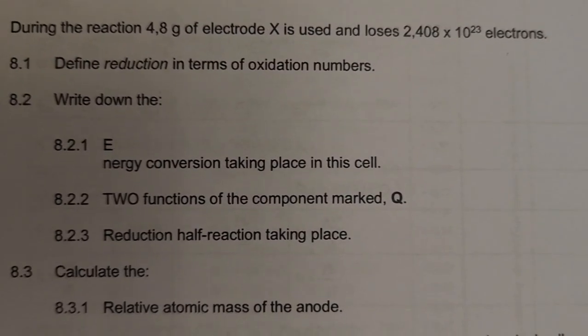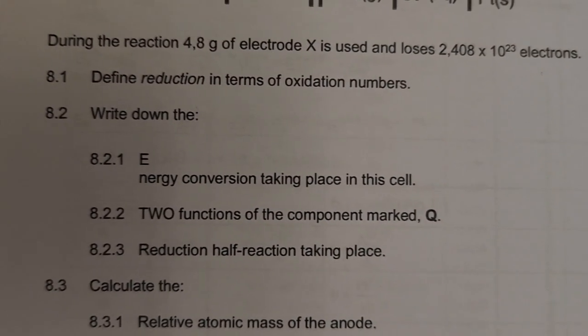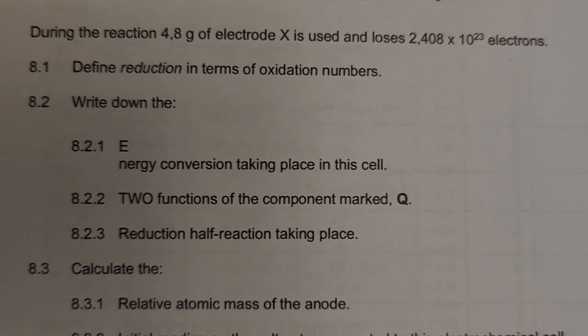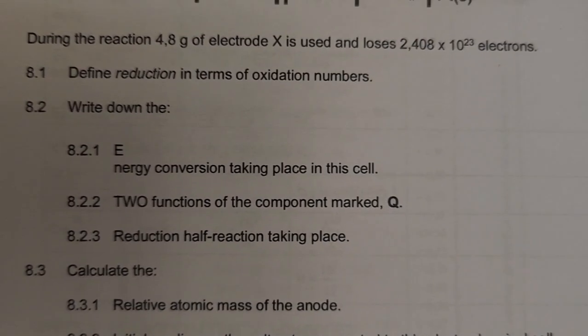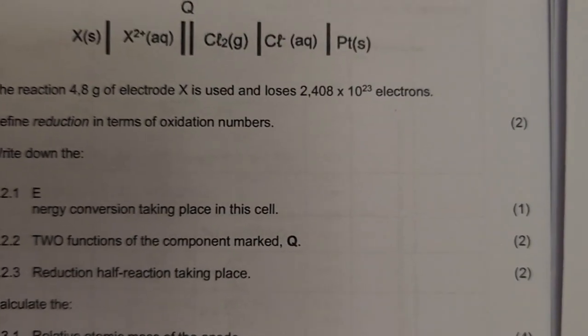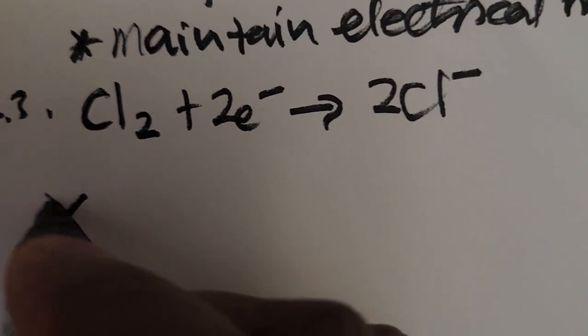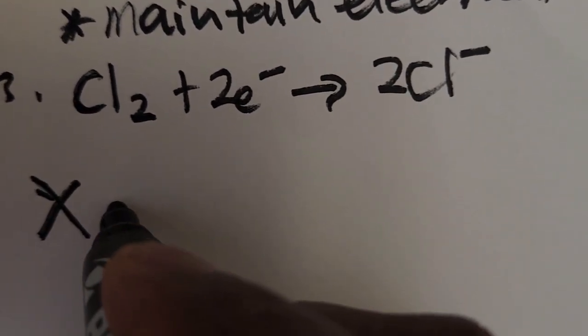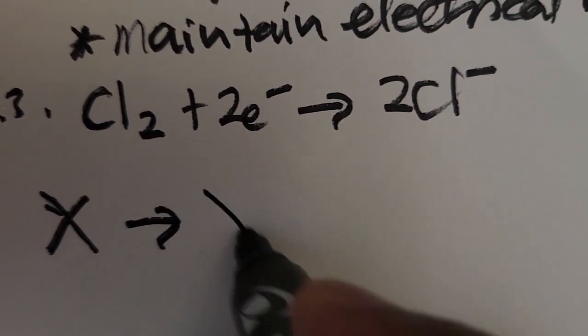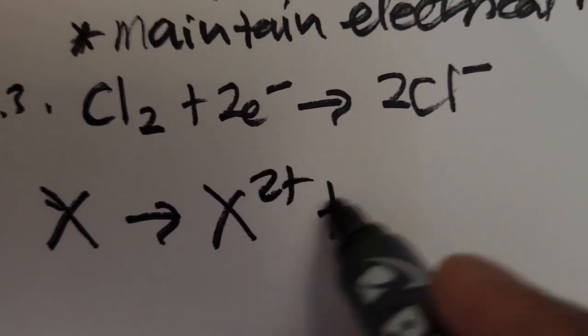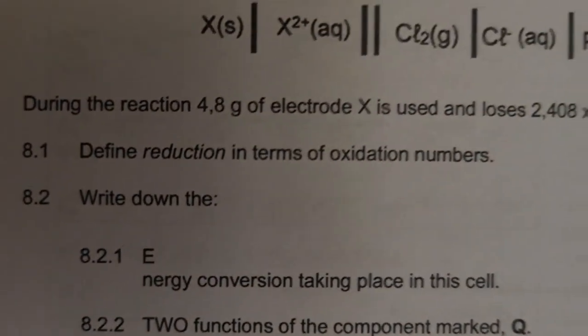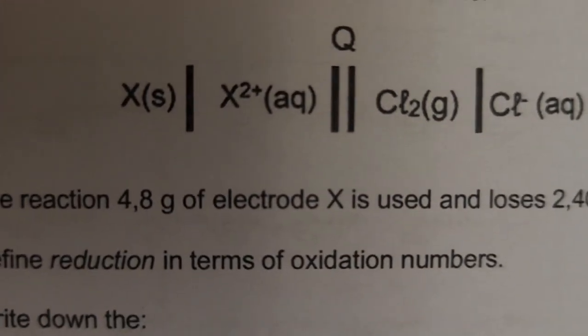In other words, we have to identify what that one is. So fine, let's go. We start with the relative atomic mass. The anode will involve this reaction where X produces X2+ plus 2 electrons. I think you can see from the cell notation that 2 electrons are lost there.